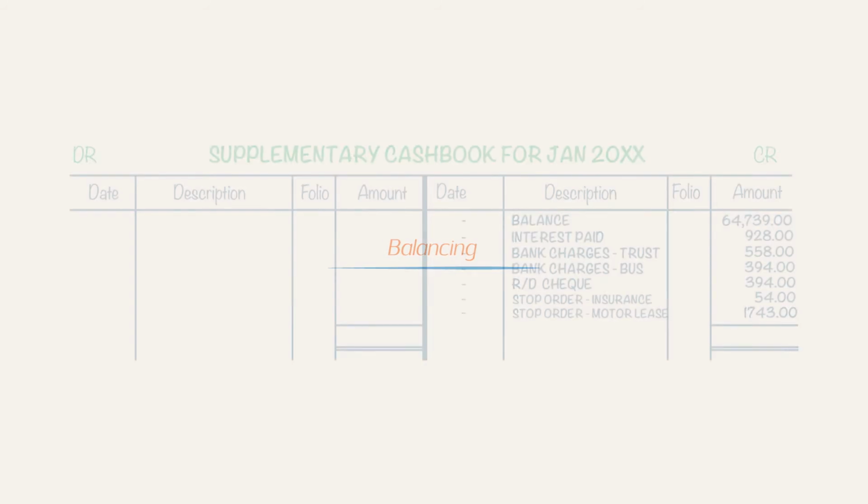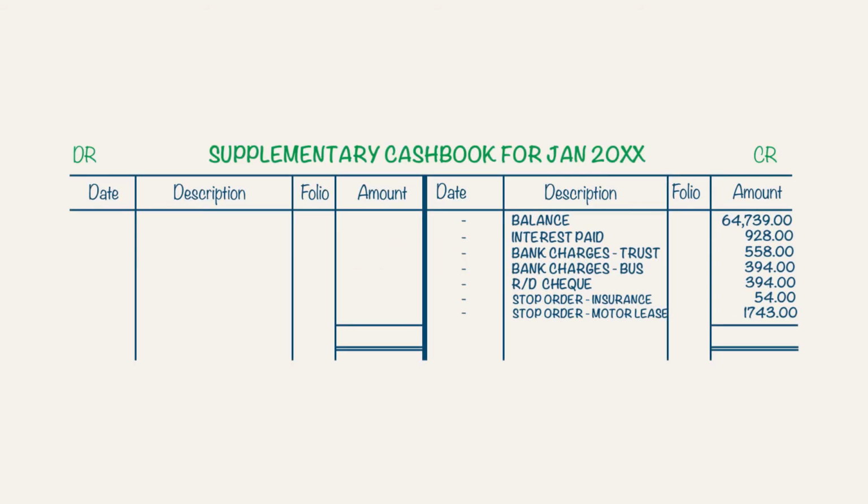Balancing. You have now posted all transactions in the supplementary cash book. Once you balance, there will be a new balance for the supplementary cash book. This is the business cash book opening balance reflective of all the transactions that were not accounted for. The supplementary cash book now has a new balance, and the next step is to balance the bank statement to the new adjusted supplementary cash book balance.